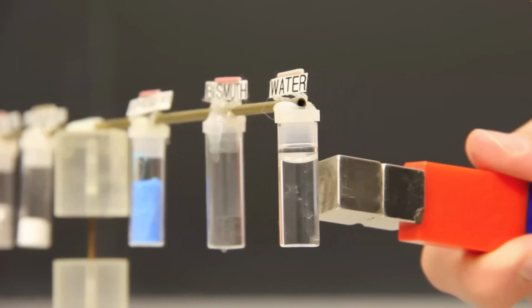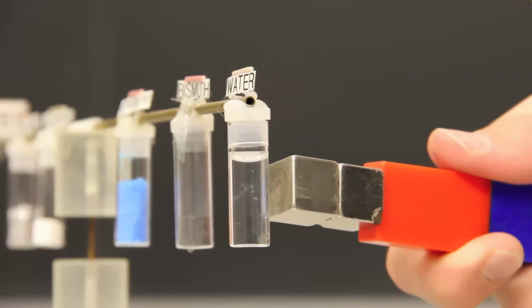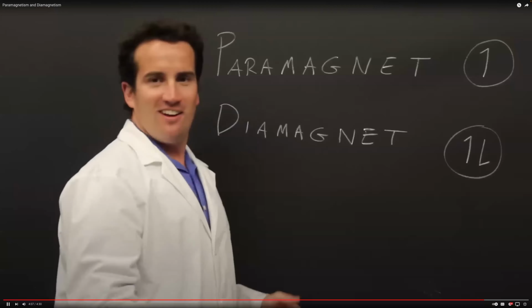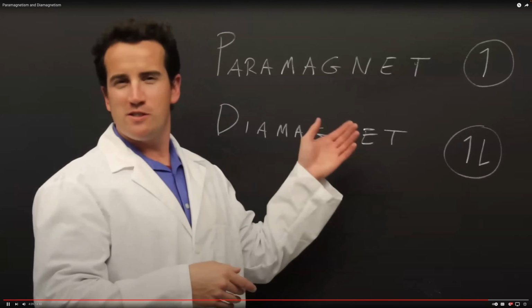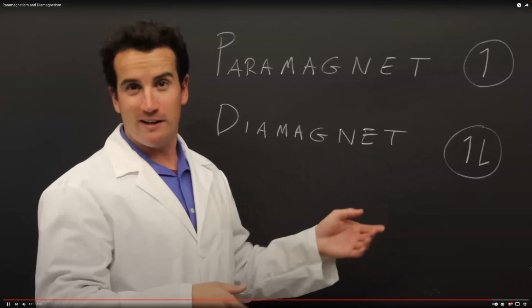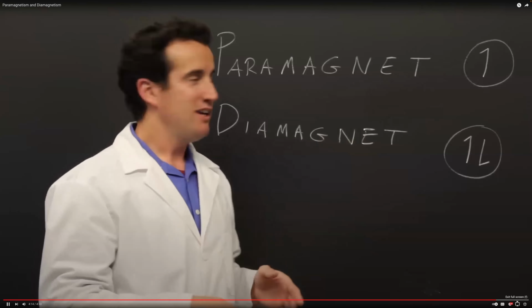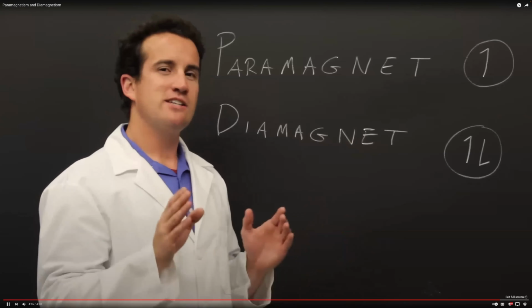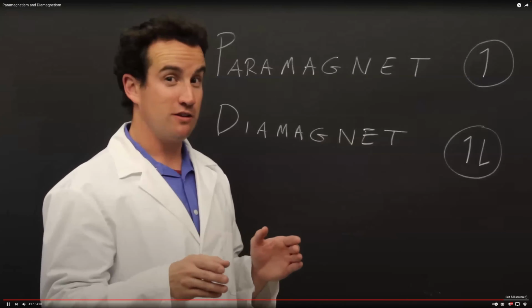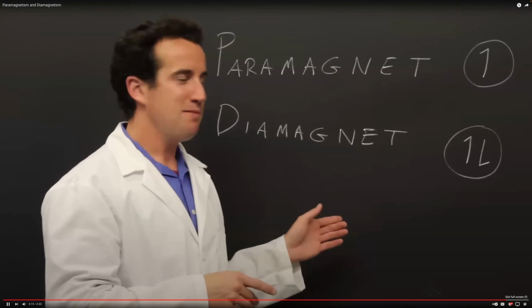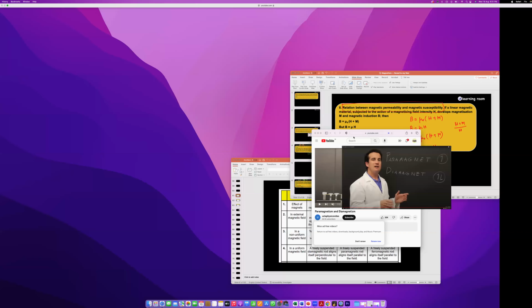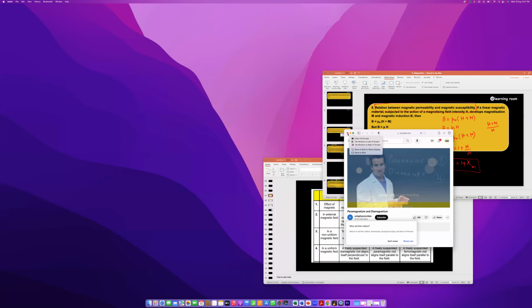The electrons move to lower energy as they are moved away from the magnet. In conclusion, when something is a paramagnet or a diamagnet, it tells you what its electrons are. In the case of a paramagnet, it has at least one unpaired electron. In the case of a diamagnet, it has mostly paired electrons. Is that clear?